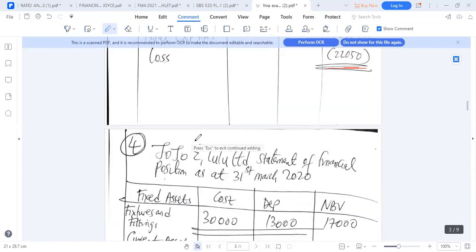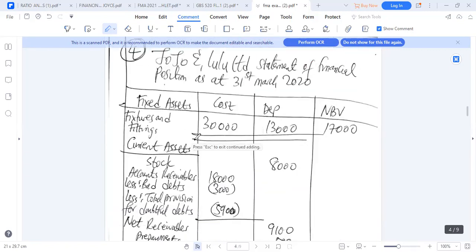So in the balance sheet, which we also call the statement of the financial position, we only had one fixed asset. Fixed assets are also called the non-current assets. So we have our fixed assets, which are 30,000. Then our depreciation is 13,000. Wait a minute. Our book was showing 10,000. Where's the 13,000 coming from? Can somebody remember?